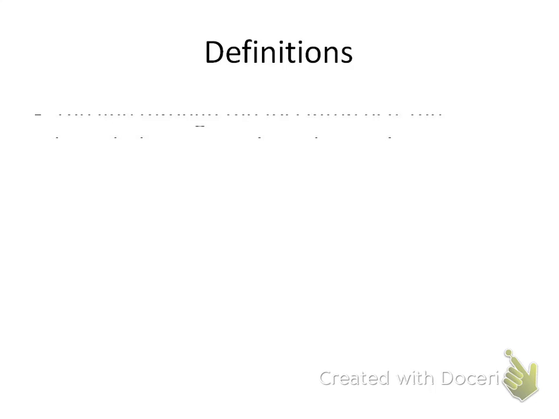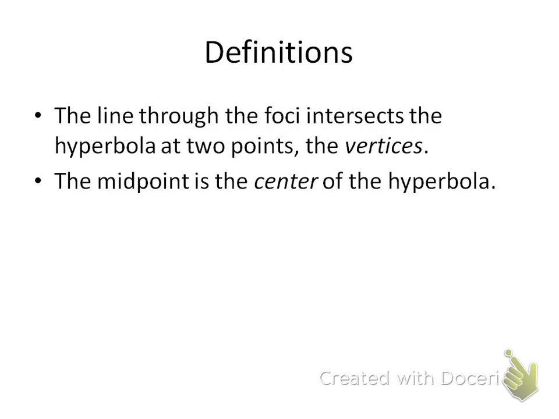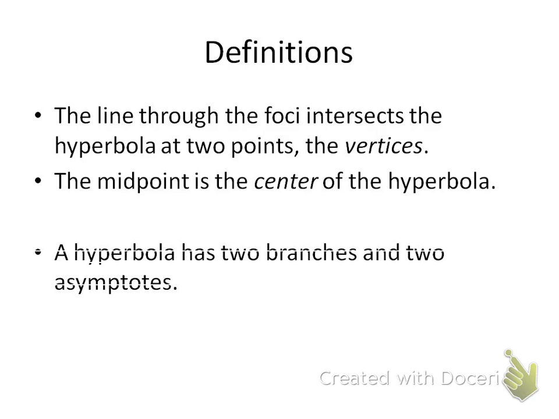More definitions. The line through the foci intersects the hyperbola at 2 points, and these are the vertices. The midpoint is the center of the hyperbola. There are two things about the graph.